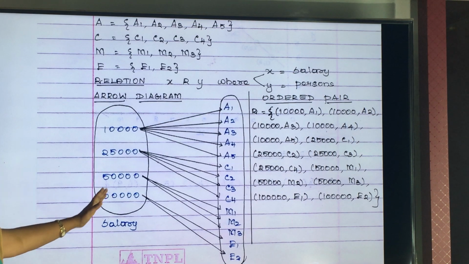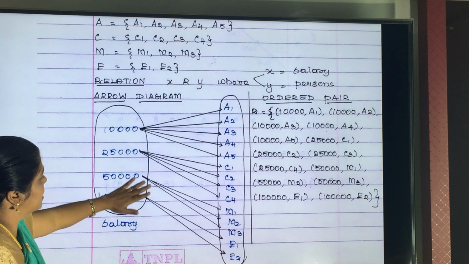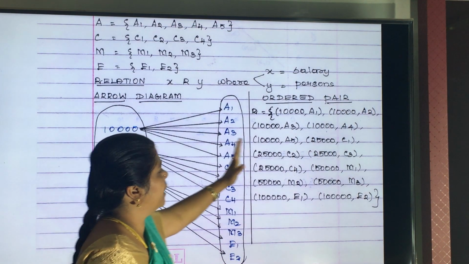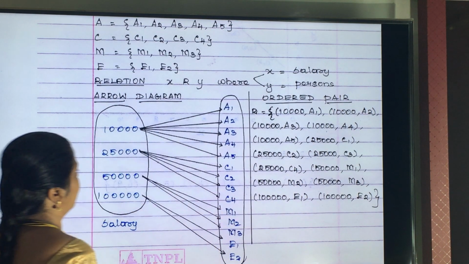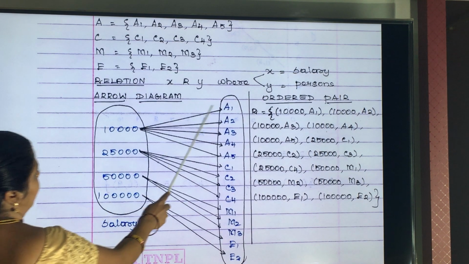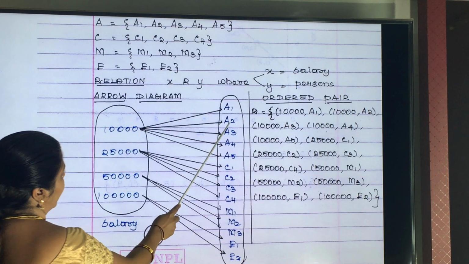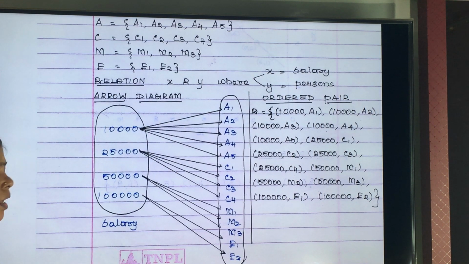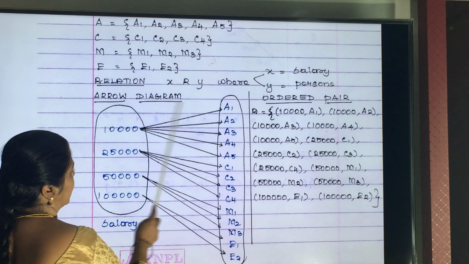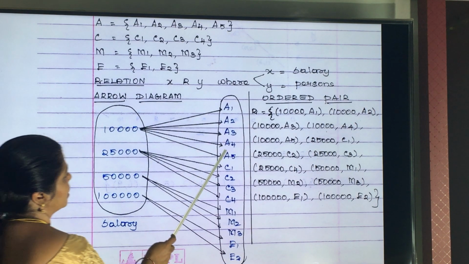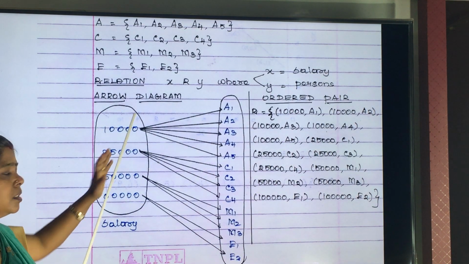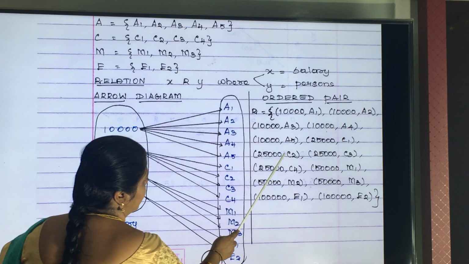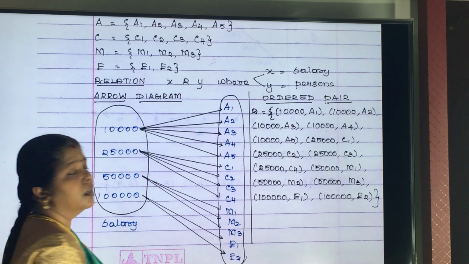This is how the information given in the question is represented in an arrow diagram. The same can be written in the form of ordered pairs. How? (10,000, A1), (10,000, A2), because each person receives 10,000. (10,000, A3), (10,000, A4), (10,000, A5). Next, for clerks, (25,000, C1), (25,000, C2), (25,000, C3), (25,000, C4).